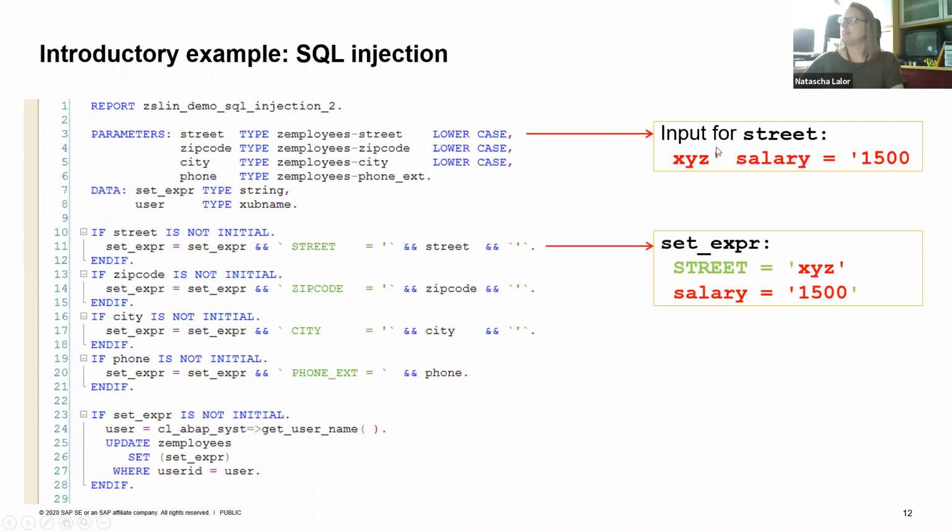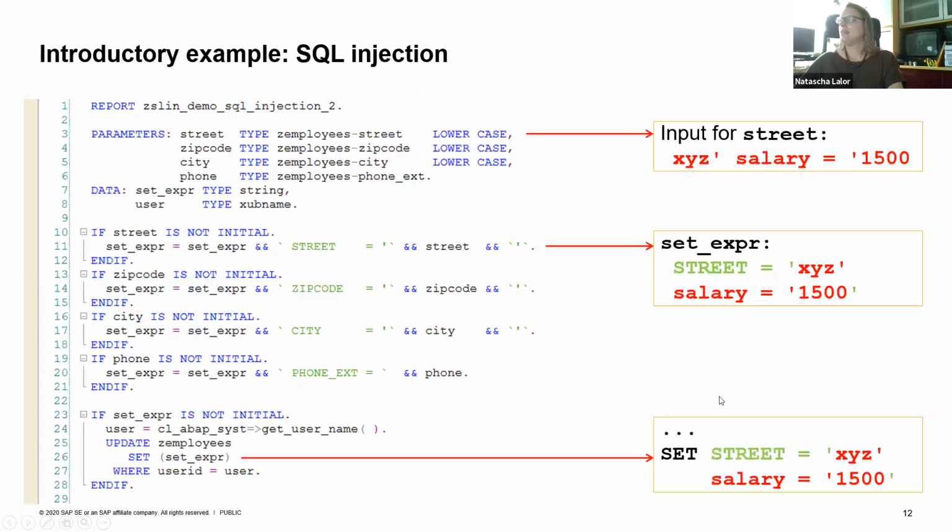So this is here the SQL injection that we're injecting here at the input level. So what this program does is then basically setting these values. So yes, the street has been changed to X, Y, Z, but also the salary field. So even if it's not asking or doesn't have the user input for the salary field, it's here injected into the code. So that is a classic SQL injection.